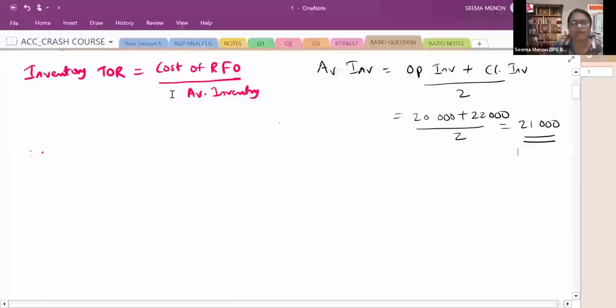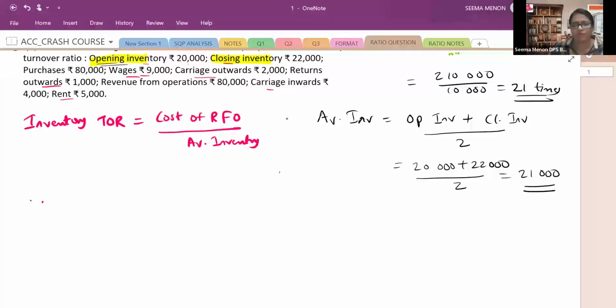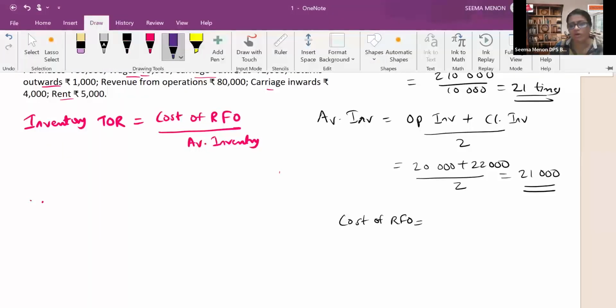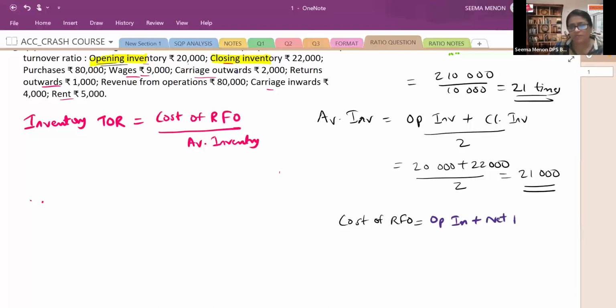Now let's find out the cost of revenue from operation. So what is the formula for cost of revenue from operation? Cost of revenue from operation is equal to, the formula is opening stock. So I will write opening inventory or opening stock. Opening inventory plus net purchases plus direct expenses.